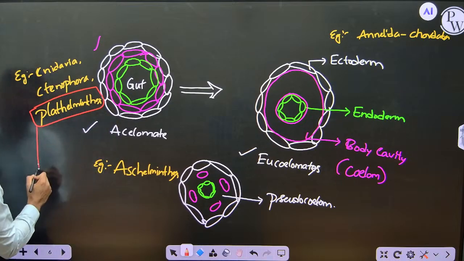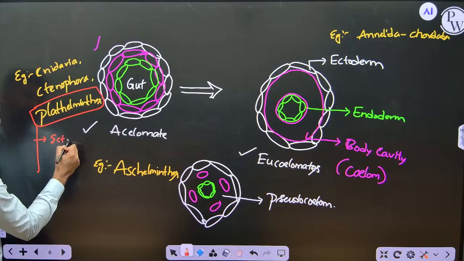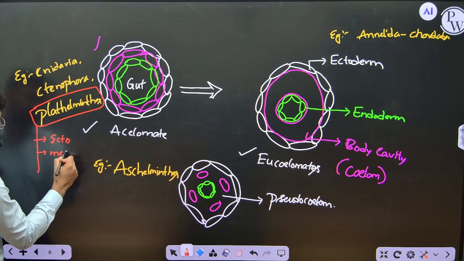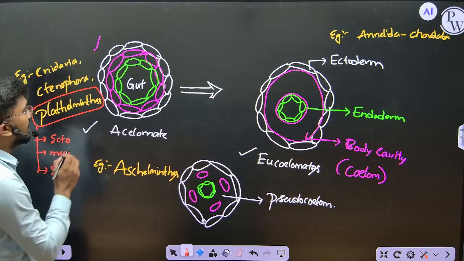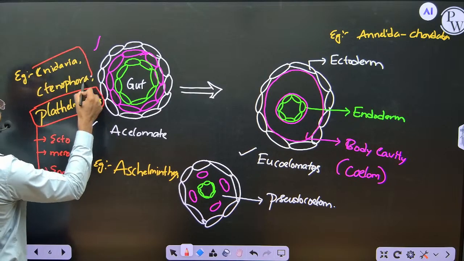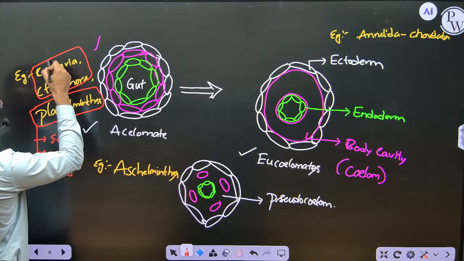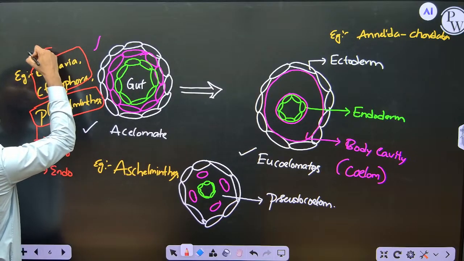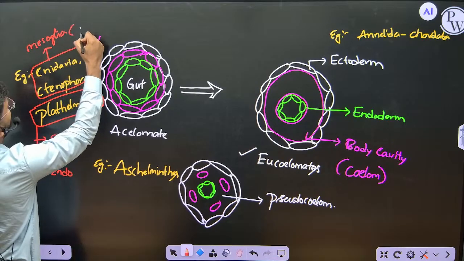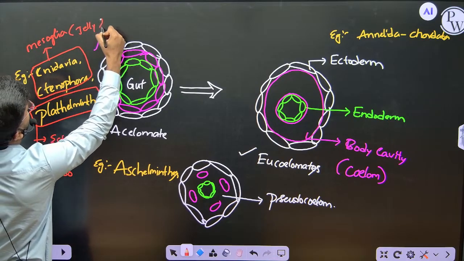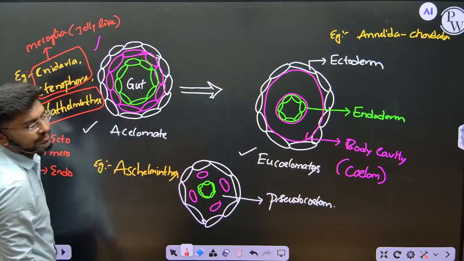Three germ layers are given. What are the three germ layers? Ectoderm, mesoderm and endoderm. These are the three germ layers. In the case of Cnidaria and Ctenophora, instead of mesoderm, they have a layer called mesoglea, which is a jelly-like substance. Got it?